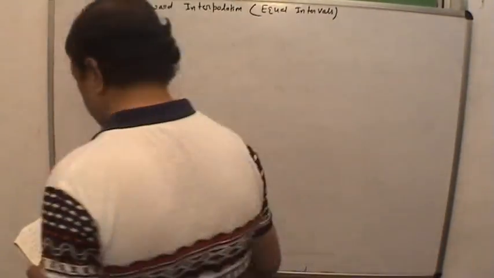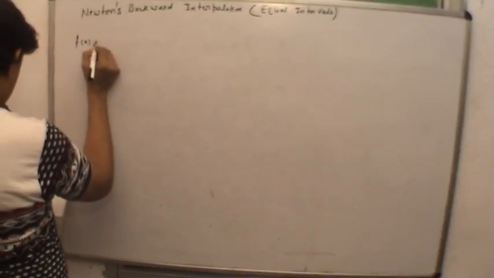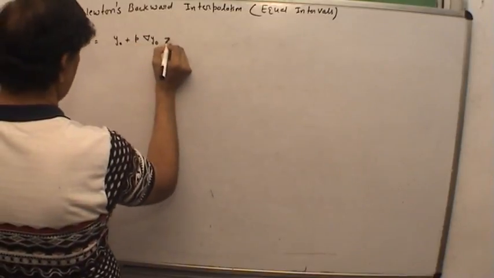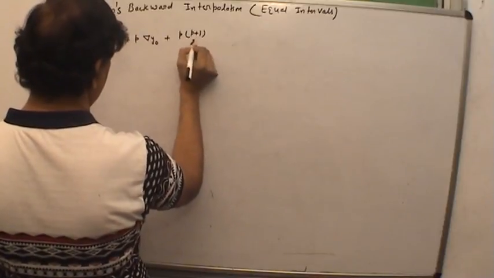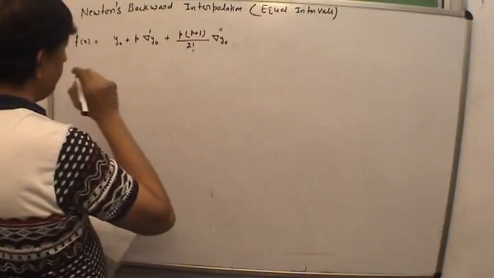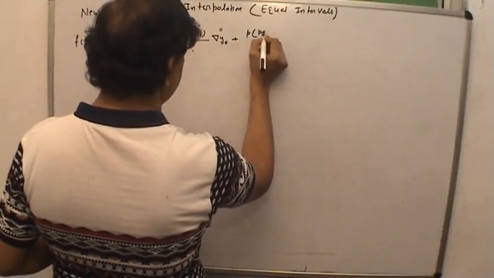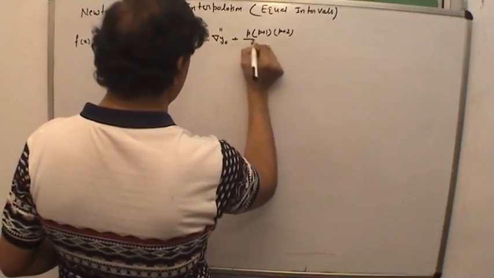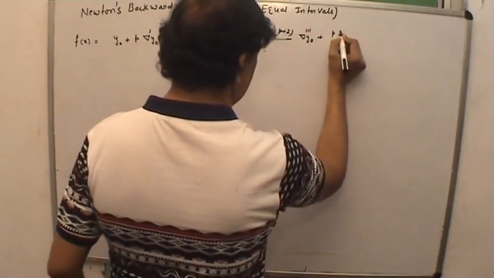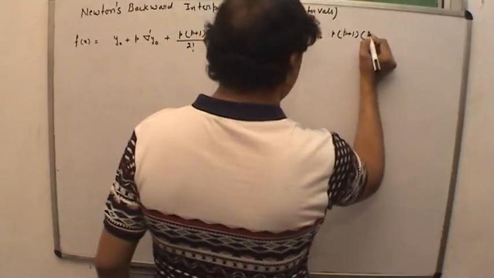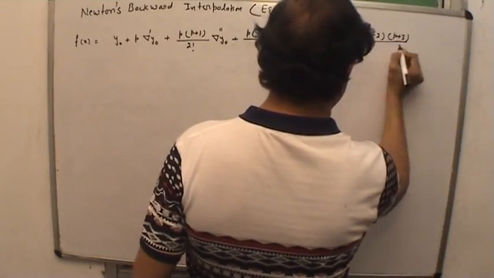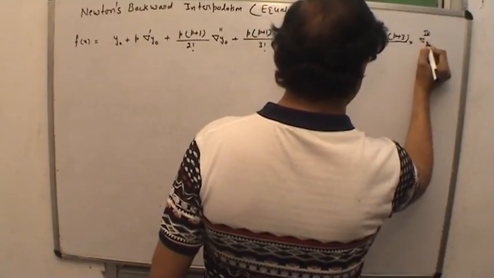Then we write the formula for this: f of x is equal to y0 plus p into reverse delta y0, plus p into p plus 1 divided by 2 factorial into delta 2 y0, plus p into p plus 1 into p plus 2 divided by 3 factorial into reverse delta 3 y0, plus p into p plus 1, p plus 2 and p plus 3 divided by 4 factorial into delta 4 y0.